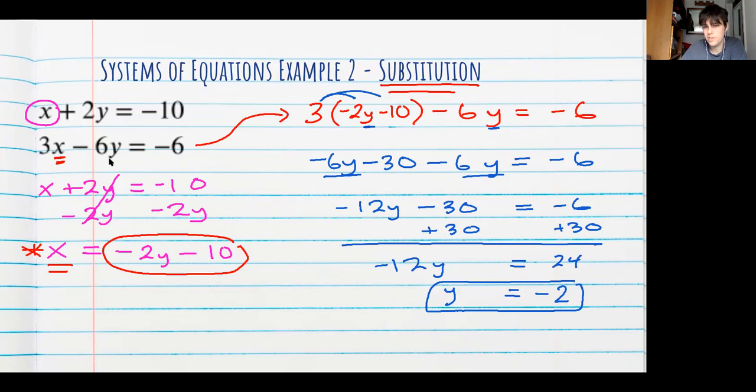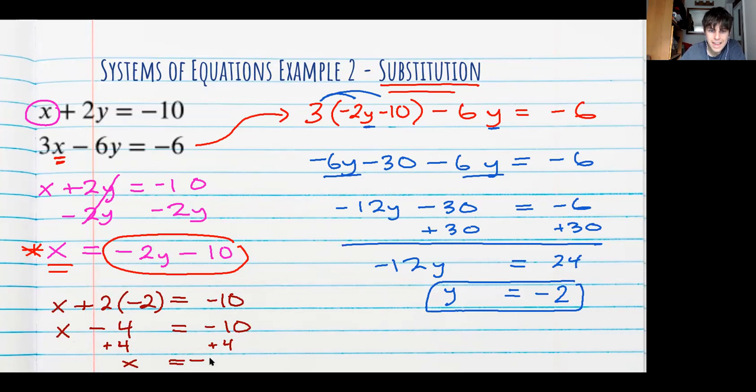There are more coefficients here. So I get x plus 2y, which is 2 times -2, equals -10. Okay, that becomes x. 2 times -2 is -4. And then I add 4 to both sides, and I get x is equal to -10 plus 4, which is -6.